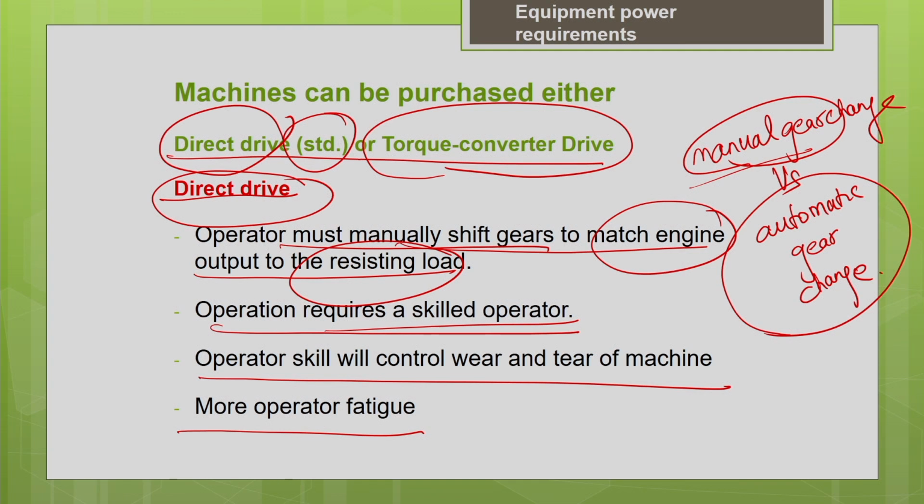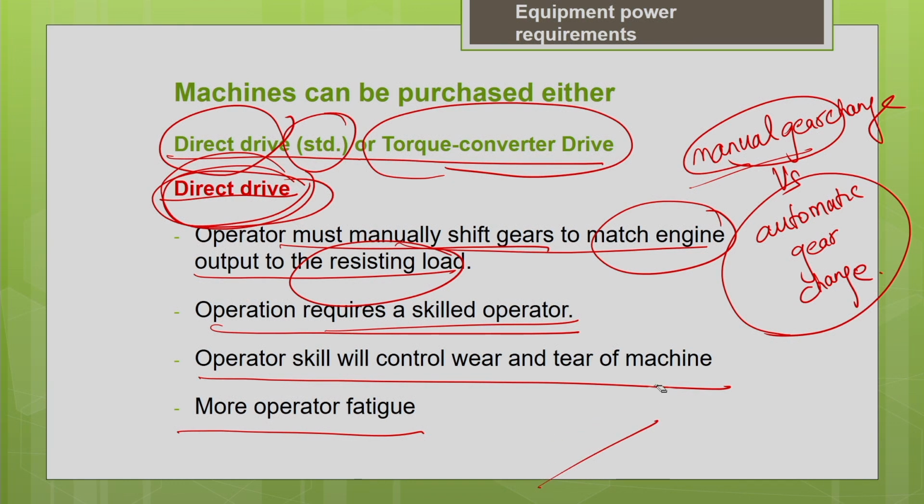If you look into the cycle time, if you are going to use machines based on direct drive transmission, it will affect the cycle time of your machine, because your man-hour time will get affected.